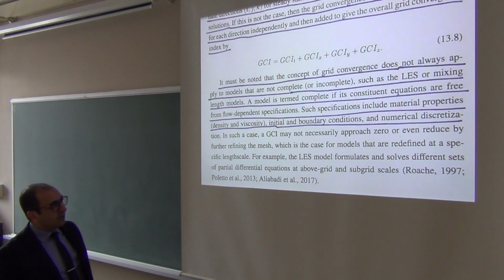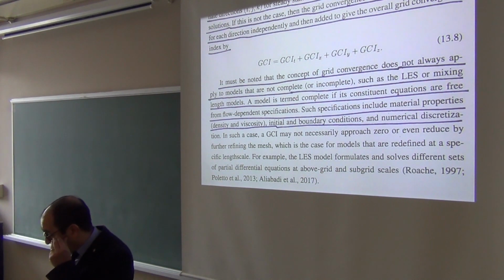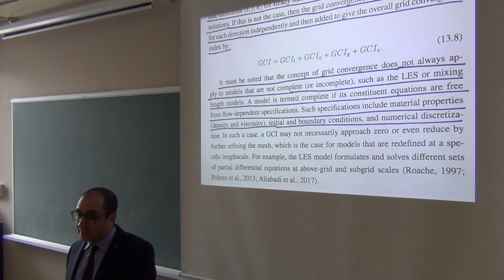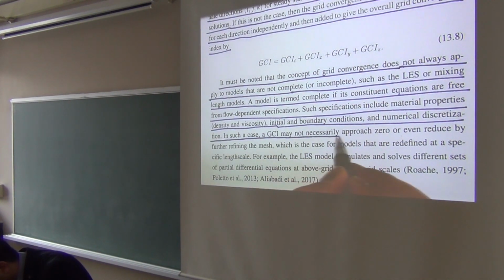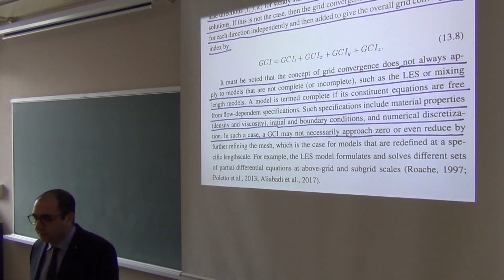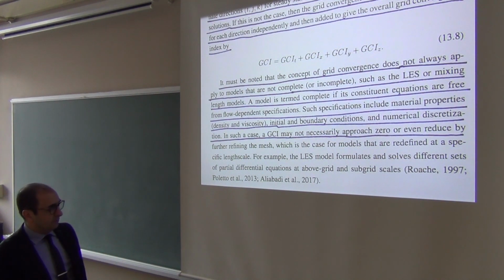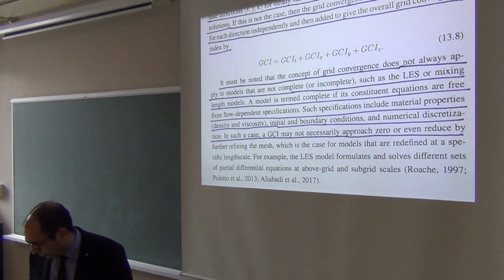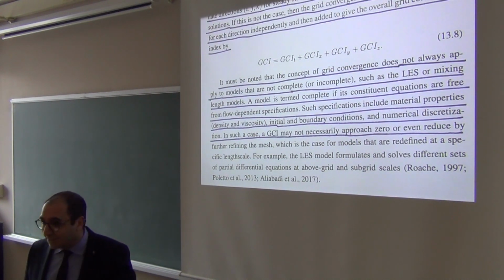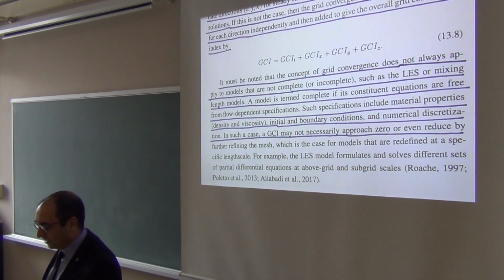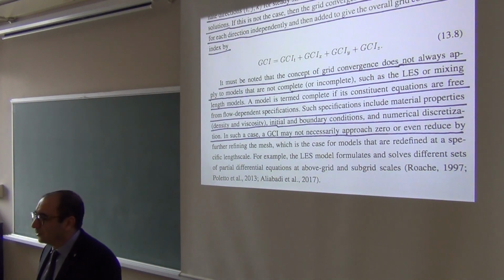They have formulas in them that depend on the solution itself. Like mixing length depends on the gradient of velocity. For example, for the algebraic models, in such a case, GCI does not necessarily guarantee to approach 0, or you might even find GCI will shoot up as you refine your mesh beyond a further resolution. So don't do this.